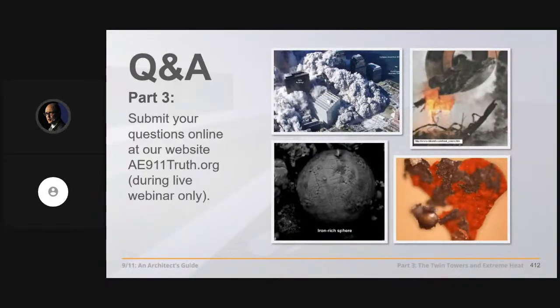And as we showed today, ME Petroleum, one of the largest manufacturers of jet fuel, shows that it burns in open air at only about 600 degrees Fahrenheit, which is substantially less than the hottest office fires. So it certainly didn't contribute to the melting of steel.